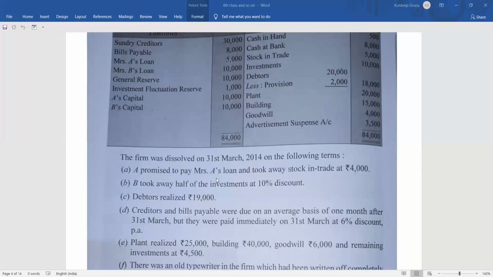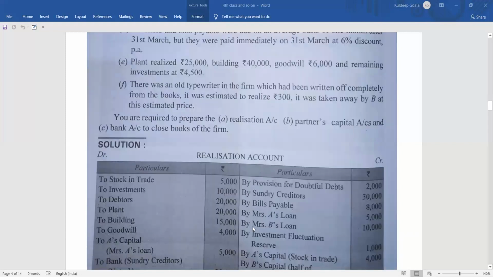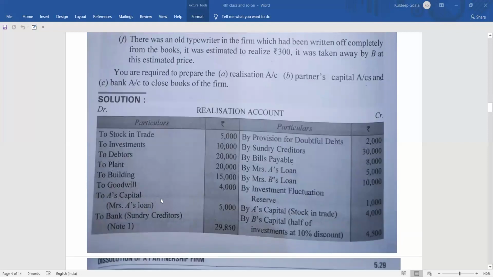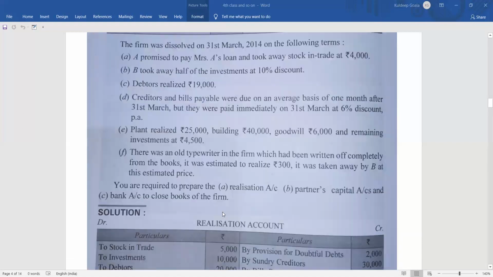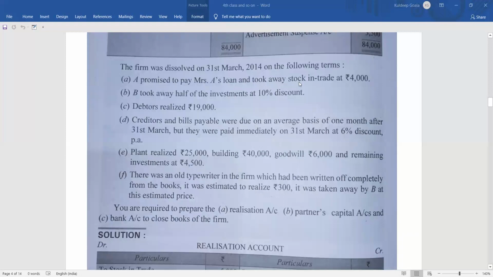Realization account debit, loss for the firm. Although A is paying, A will be compensated for that. So the journal entry will be realization account debit, 5,000 to A's capital account. See, realization account debit side to A's capital account, Mrs. A's loan 5,000.